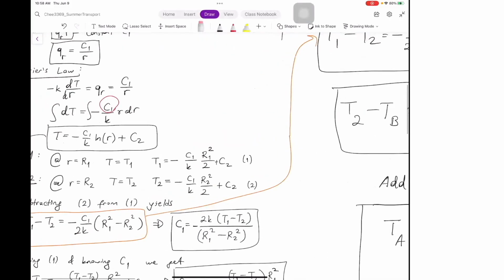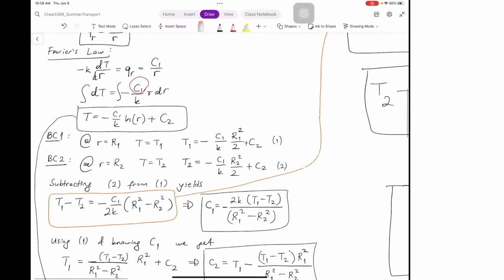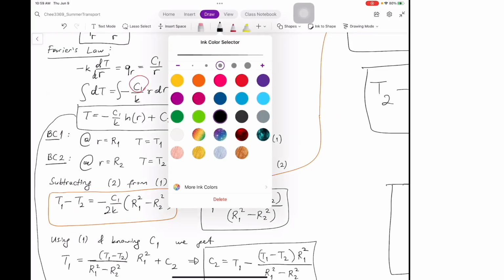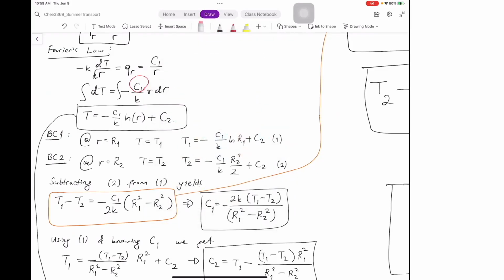Let's correct these. Logarithm of R1 plus C2. And I mean, this is not R. That was the problem.